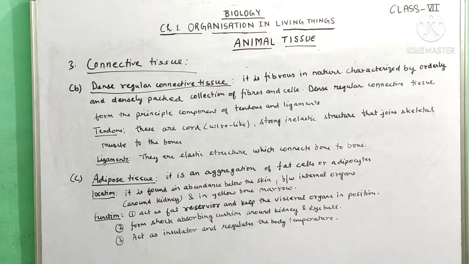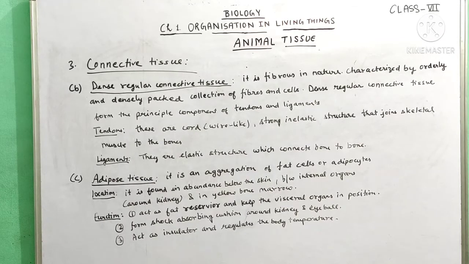The second subcategory under the connective tissue is dense regular connective tissue. Talking about the nature of the dense connective tissue, it is fibrous in nature and is characterized by an orderly and densely packed collection of fibers and cells. Dense regular connective tissue forms the major component of the tendons and ligaments.